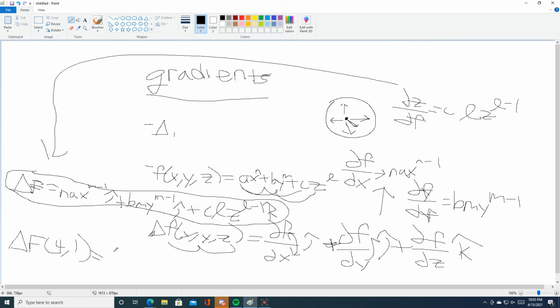Let's say you plug it in and you get 4i plus 5j plus 6k. What does this mean? It means that if we head in this direction, this is the fastest rate of change for us to increase. Wherever we're based, at this point, heading this direction is the fastest possible rate of change. It's kind of spooky how it works every time. It's a long derivation, but it does work.